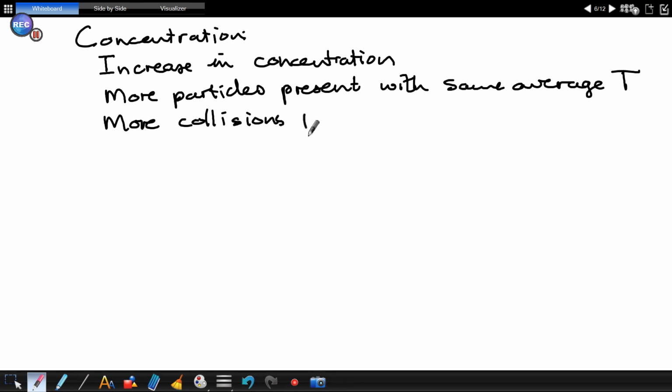So you could say in the test, explain in terms of the collision theory each one of these factors.